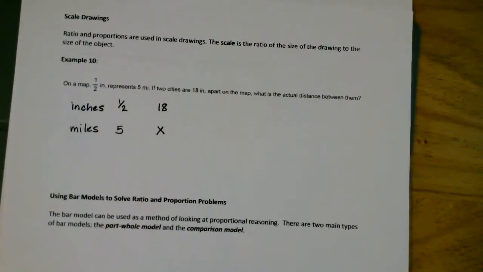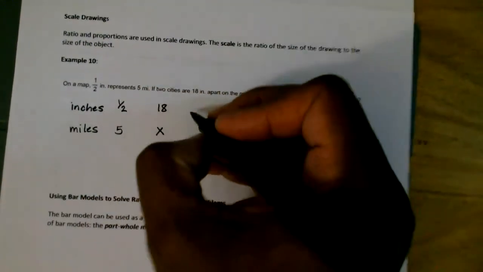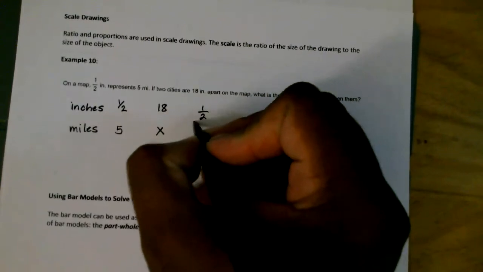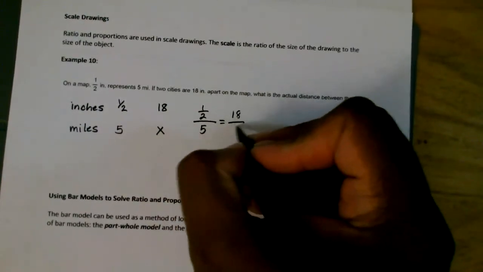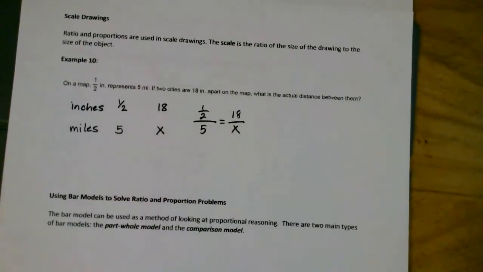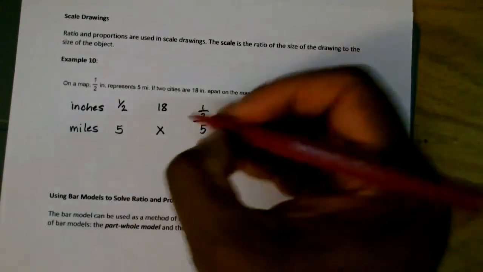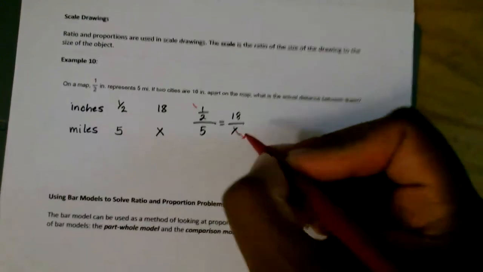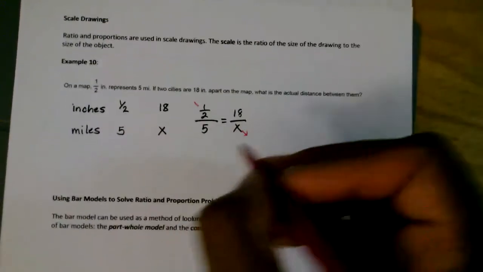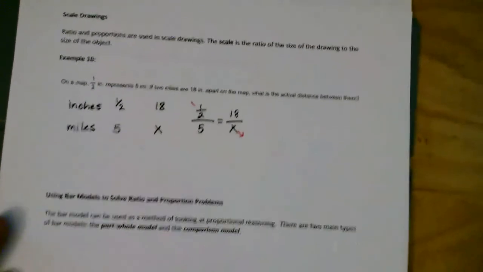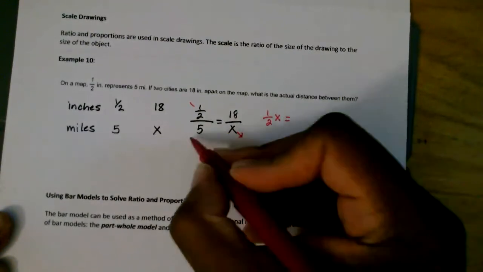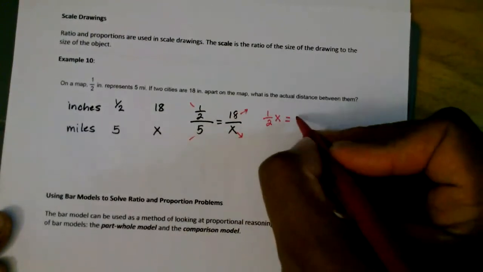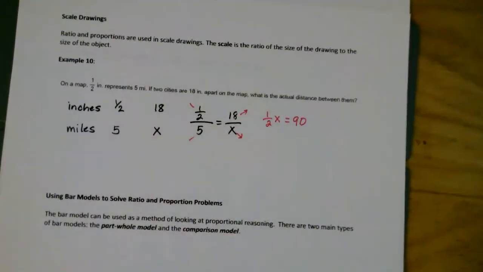So now we set up the proportion here. 1/2 is to 5, so 1/2 over 5 equals 18 over X. That would be our proportion. If we do cross multiplication, 1/2 times X will be 1/2 X. That's equal to 5 times 18, which will be 90.